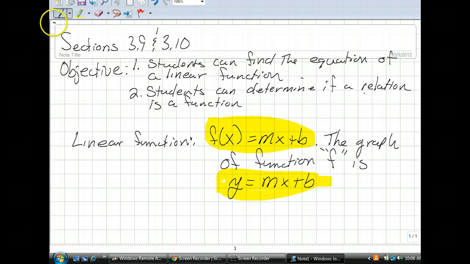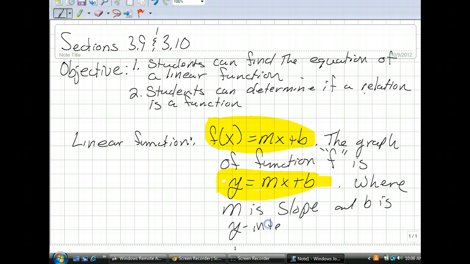Because in both of them, where m is the slope and b is the y-intercept. So basically we're not doing anything really different except we replace the y with f of x. So you can go back and forth on these depending on what you want to do.